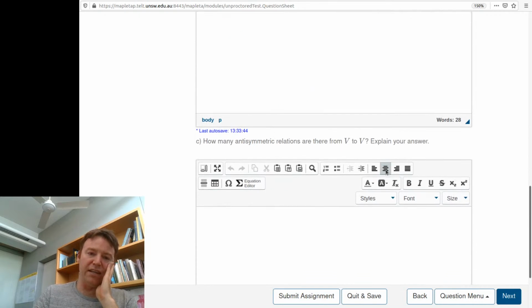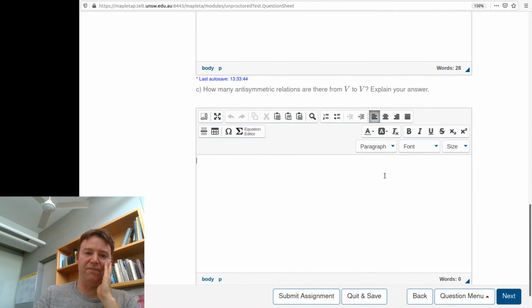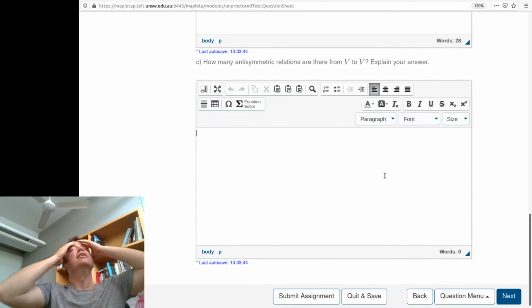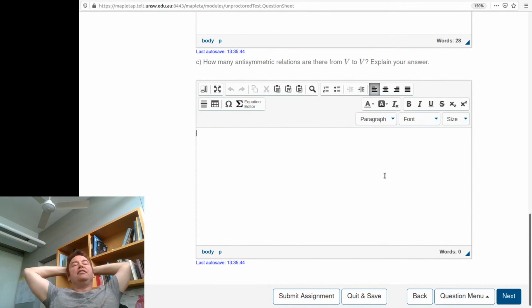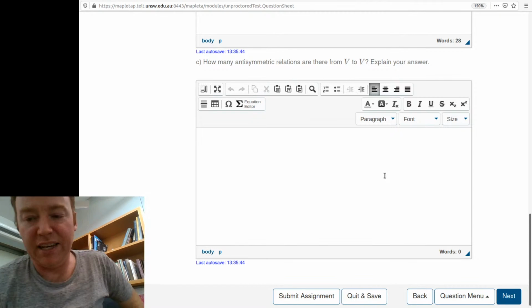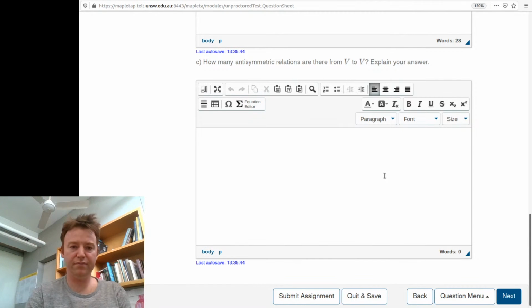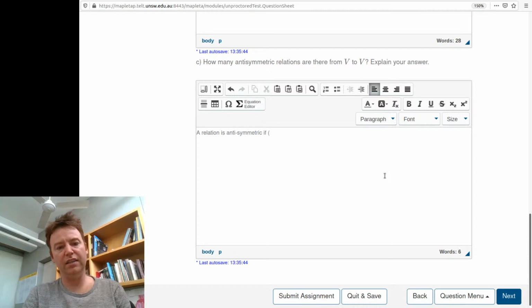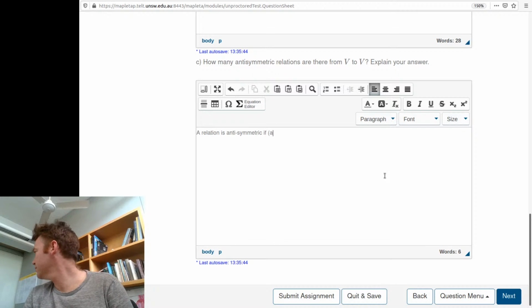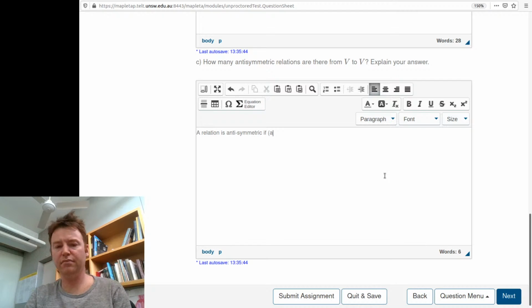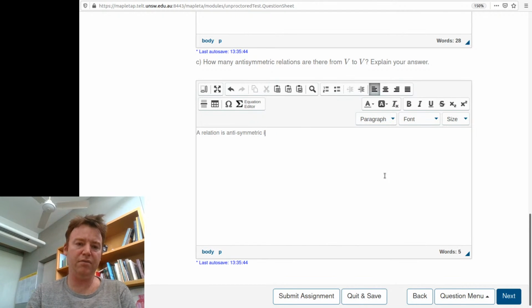How many anti-symmetric relations are there from V to V? Now, anti-symmetric. Let's write down what it means to be anti-symmetric.